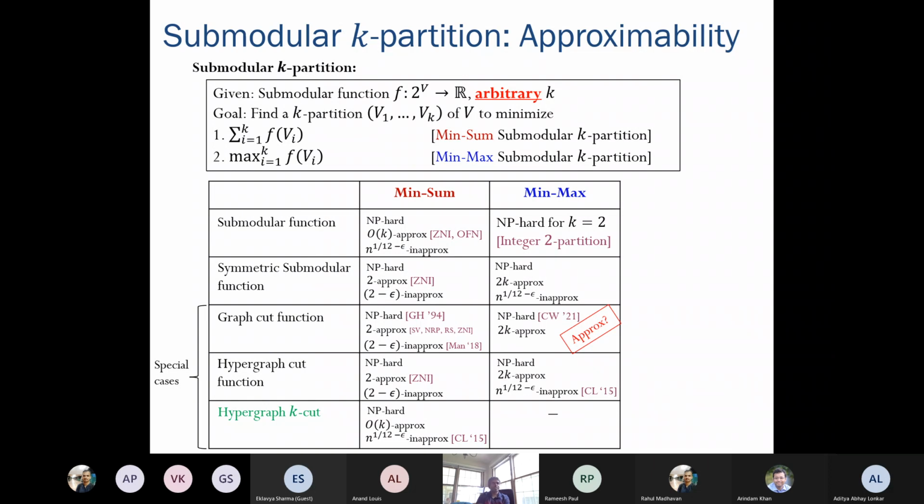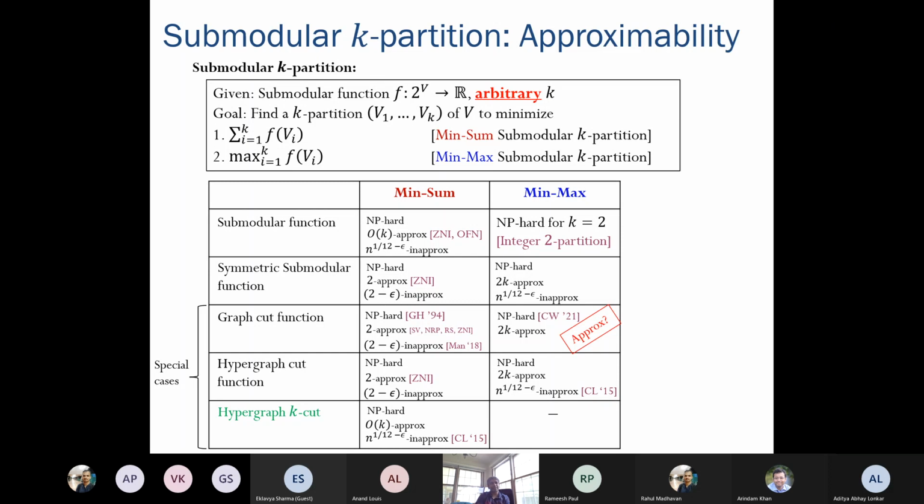And if you're interested in FPT, I'll tell you there is, in fact, for anything about hypergraphs, FPT is impossible when parameterized by k and the solution size. And for graphs, parameterized by k is W[1]-hard, and parameterized by k and solution size is polynomial time.